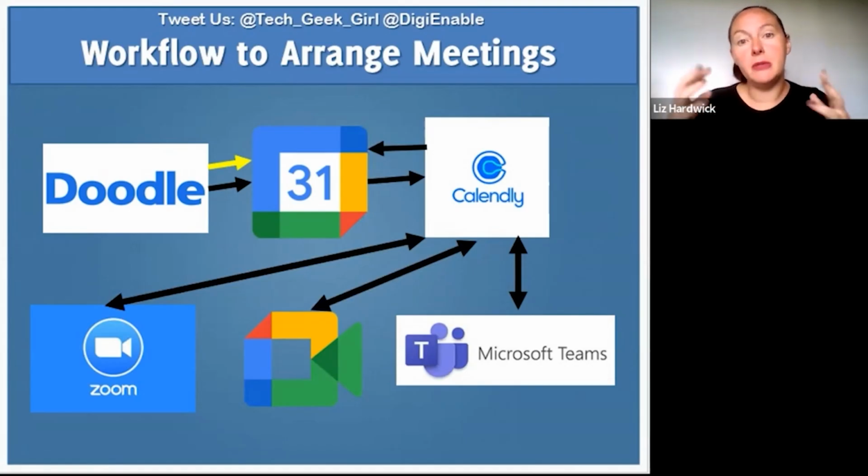You might already be using those. It might be that you've just got a little button integrated from Outlook to Zoom that says create Zoom meeting. Very similar. That would be an integration where you've installed a plugin at some point and linked the two together. So this is all based on simple integration.